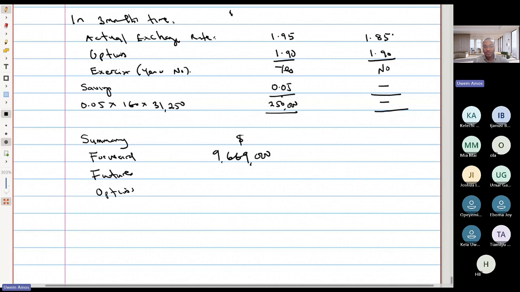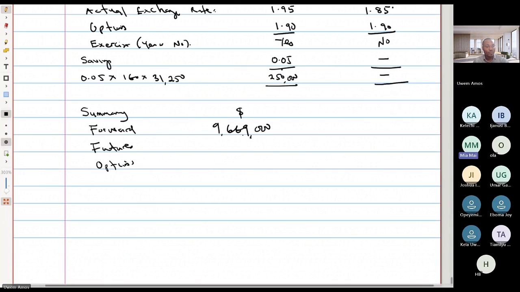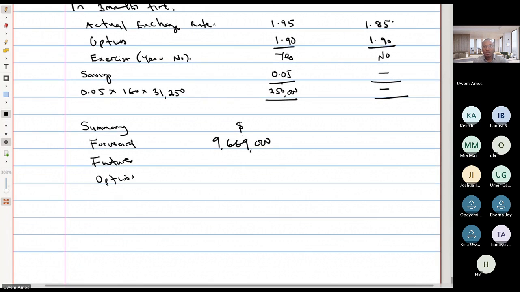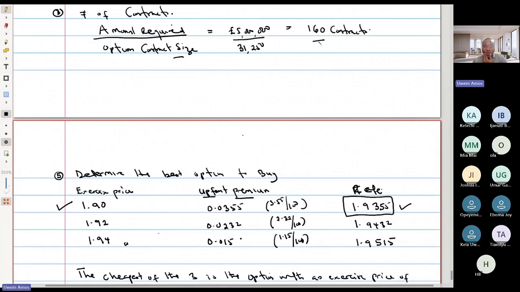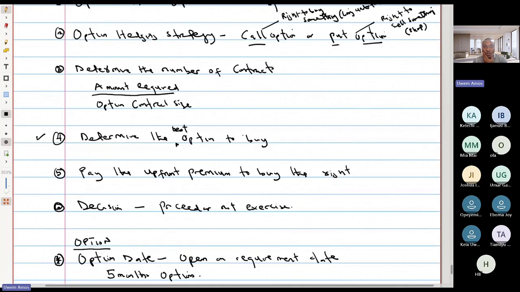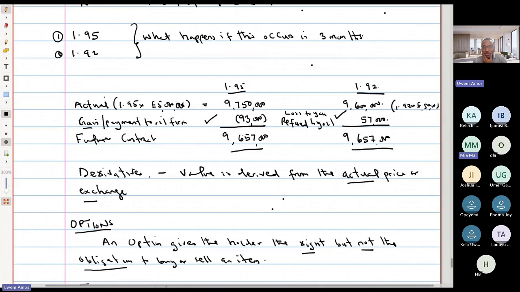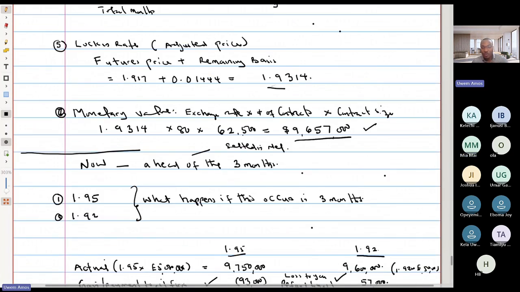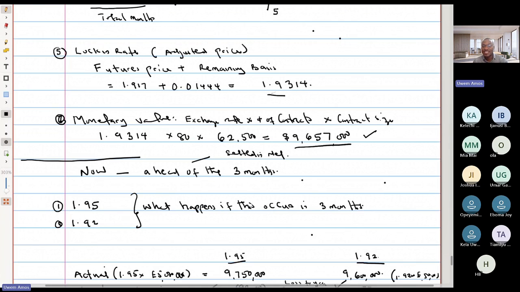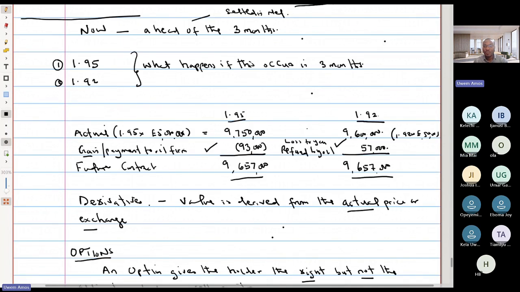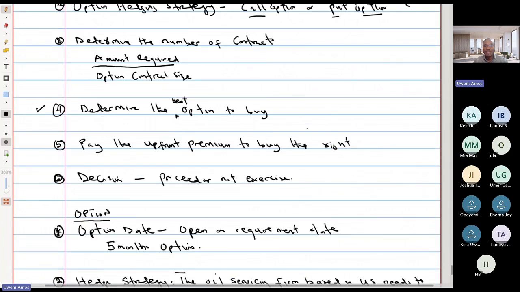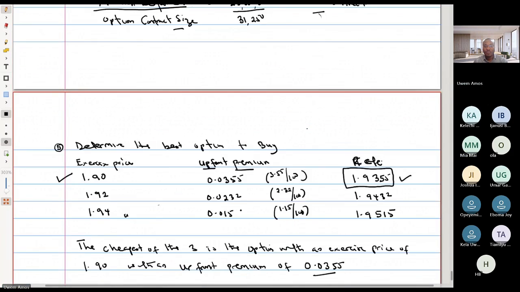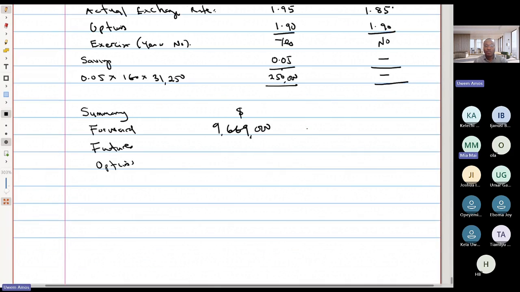Under futures, what do we have? Let's go back quickly. Quickly, so we could round up. Okay, our total is 9,657 under futures. So that futures is 9,657.